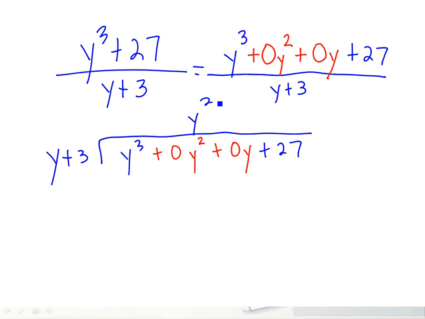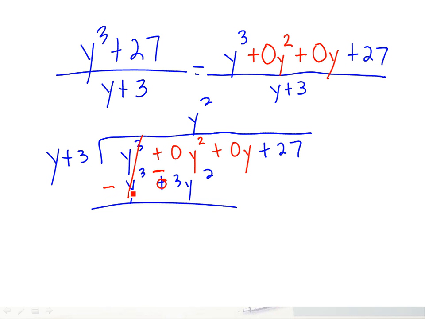Alright, let's multiply y squared times y plus 3, y cubed, correct? Plus 3y squared. And then, don't forget, you must change your sign. So minus, change this to a minus.